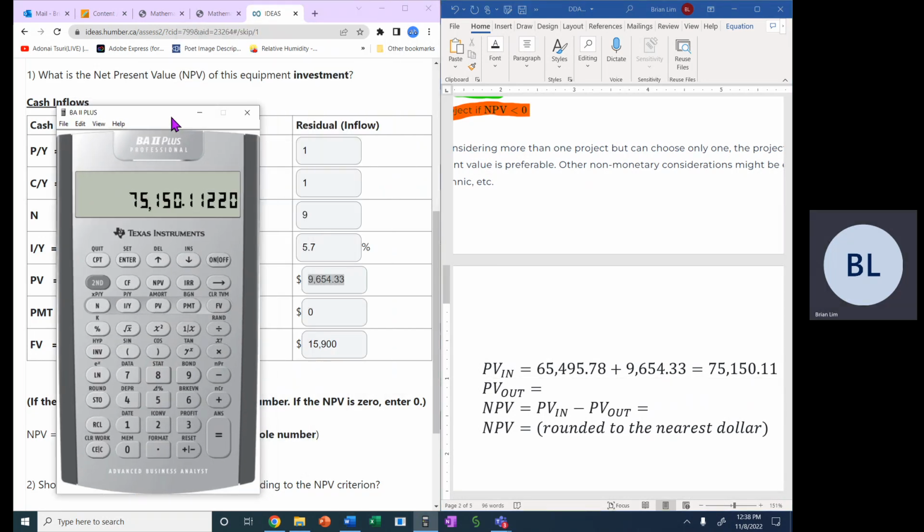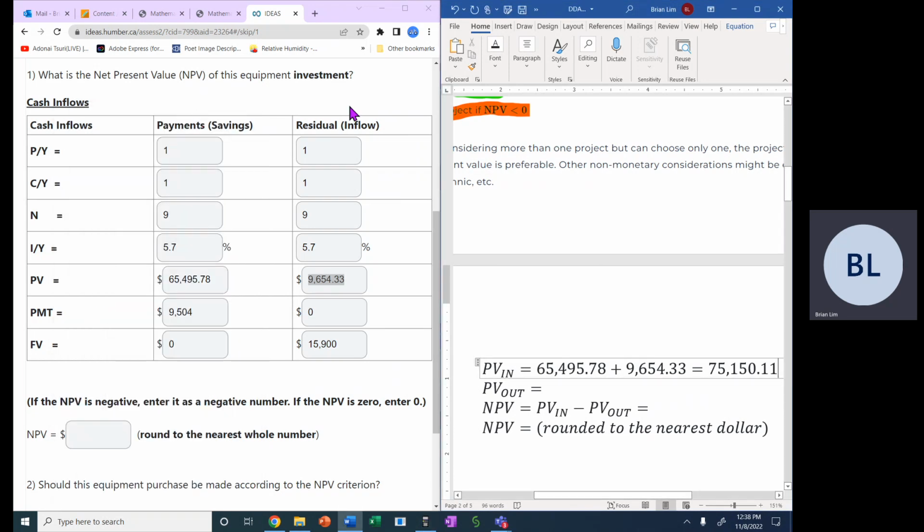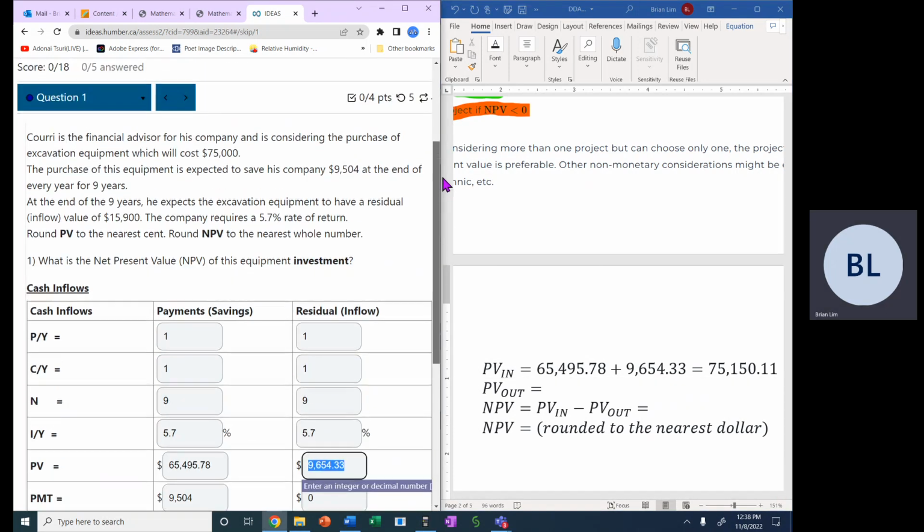Now, if we wish to get the PV out, what is it? Well, it's the cost. If the equipment is to be purchased for $75,000, then this would be present value out. So that is the present amount, and we just put in 75,000 in there.